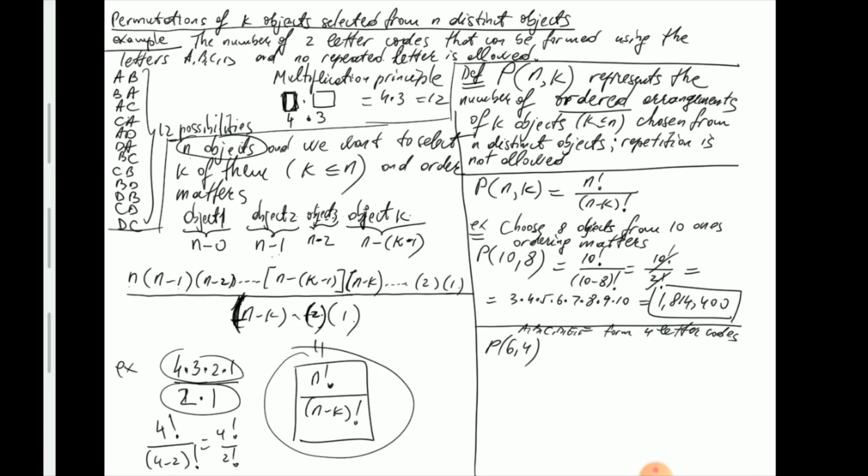That means ordering matters, obviously. So that's the permutation of 6 comma 4. That's going to be 6 factorial divided by 6 minus 4 factorial, which is 2 factorial. If you simplify the factorial, you're left with 3, 4, 5, 6 on the top. 12 times 30. That's going to be 360.